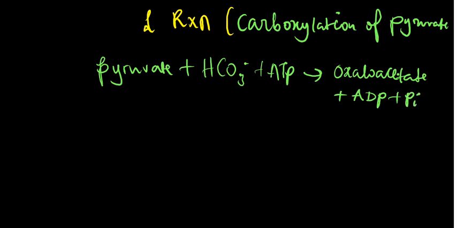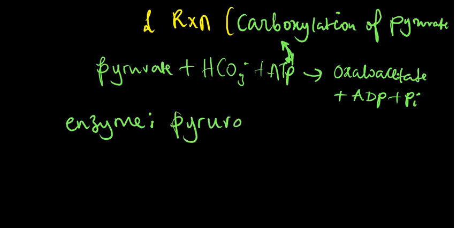Remember that we are ripping this phosphate from ATP and giving it to pyruvate, and we are also adding carbon dioxide to this. That's why it's called carboxylation. So the enzyme used in the first reaction is called pyruvate carboxylase, which is what actually catalyzes the process.